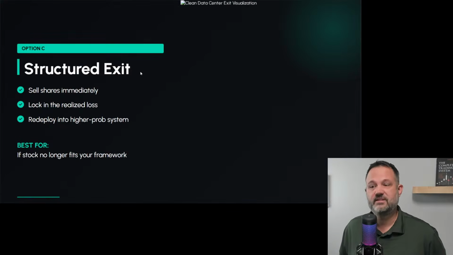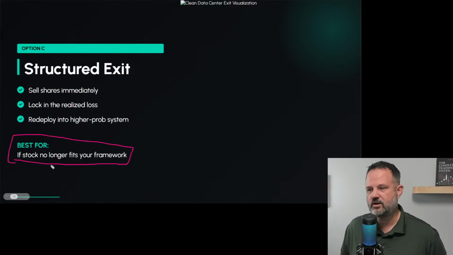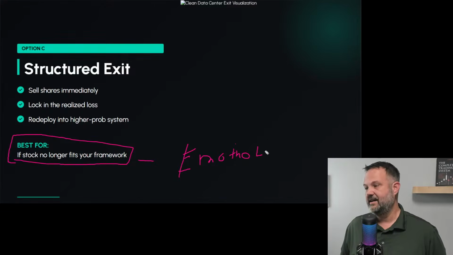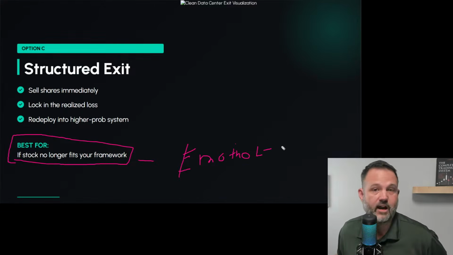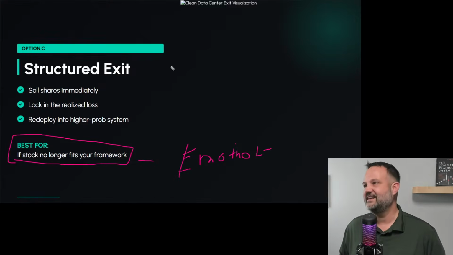And then option C, again, we'll sell immediately. We'll lock in the realized loss and we'll redeploy. And again, this is you if the stock no longer fits your framework or you're emotionally drained and you just can't handle it. You're down 5K and it freaks you out, right? I try to help people who are emotionally compromised because that's why I educate like this.